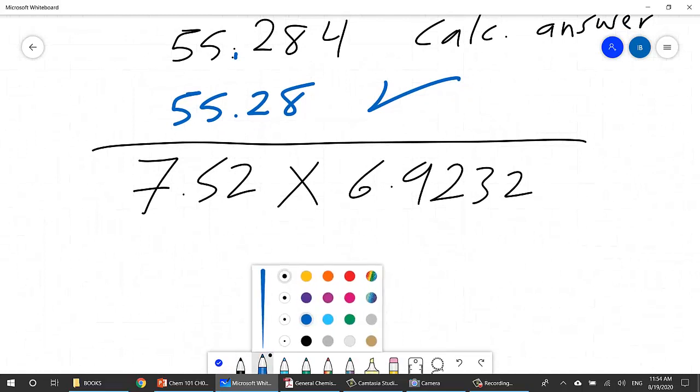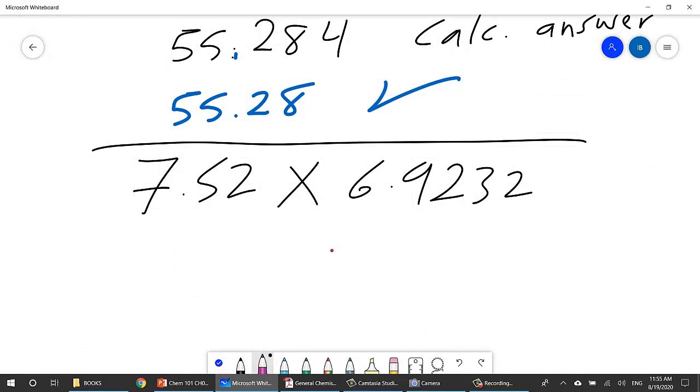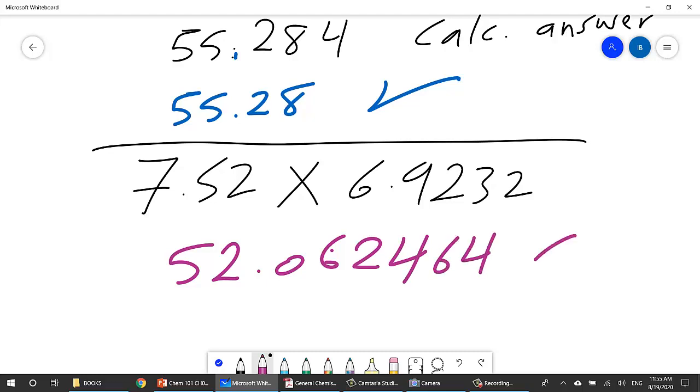When you multiply these numbers in the calculator, the calculator answer might look something like this: 52.0624640.